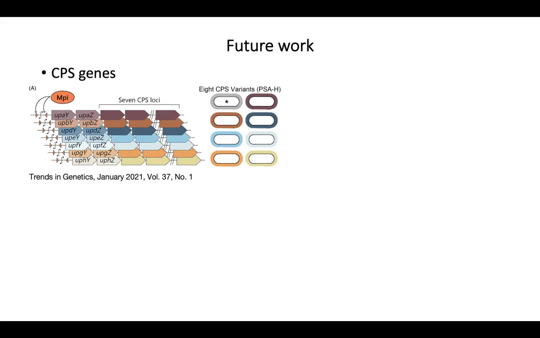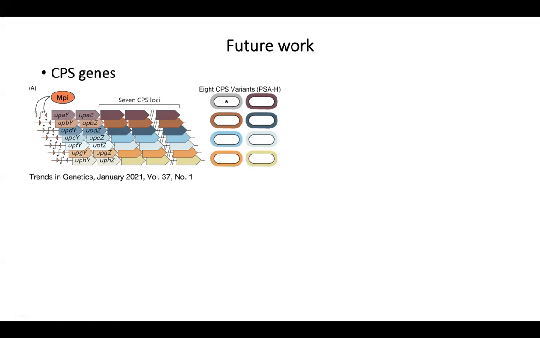So capsular polysaccharides are a very interesting group of genes in Bacteroides, where it is actually known to undergo phase variation, meaning that each of the Bacteroides cells can exist in 8 different variants of CPS, from A to H, through the action of a recombinase, MPI, that goes in every single cell and stochastically flips the switch at the promoter, and then whichever type of CPS operon gets activated, it then represses the rest.